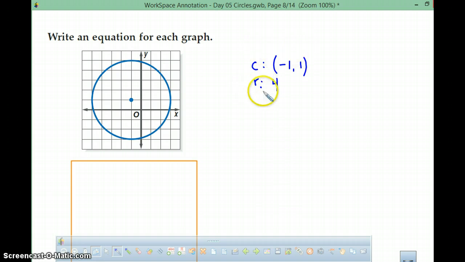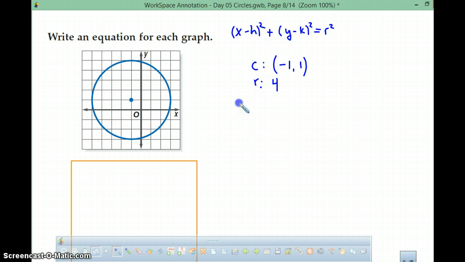All right. How can I plug these into the standard equation for a circle? Well, let's put that equation up here. (x minus h) squared plus (y minus k) squared equals r squared. All right.